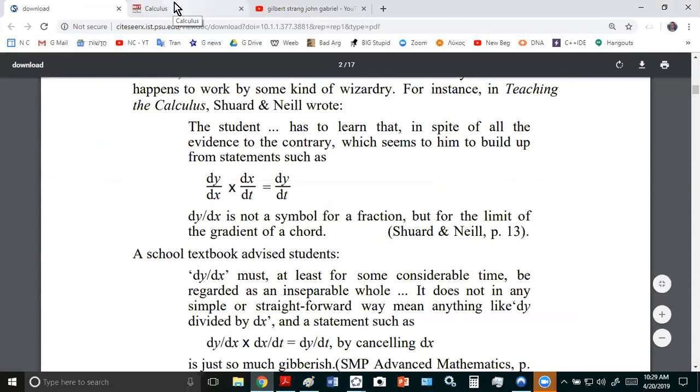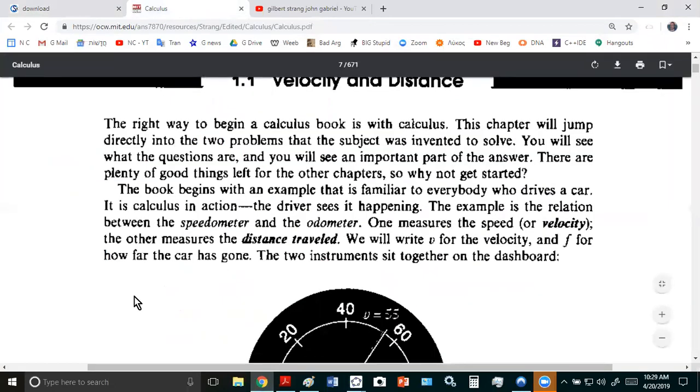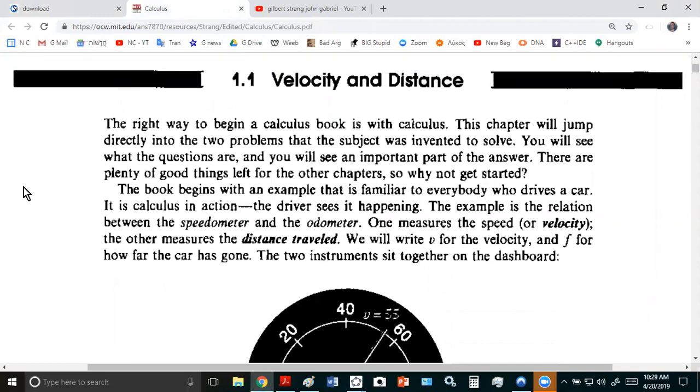Now, how does Strang start his book? Well, let's read a bit about what he says. He says, the right way to begin a calculus book is with calculus. Well, I don't even know if that's a necessary statement. It's totally redundant. By the way, I have a lot of hatred for Strang. He has caused me considerable harm in many respects.